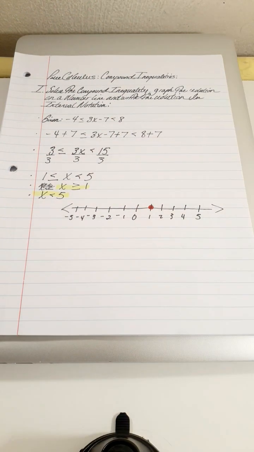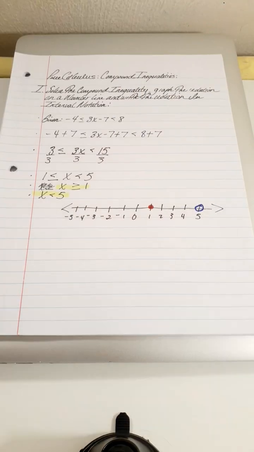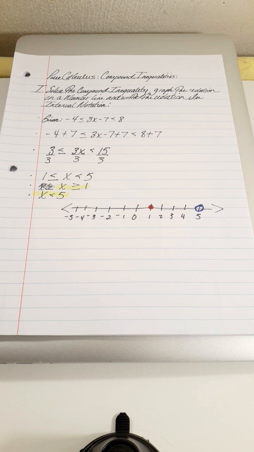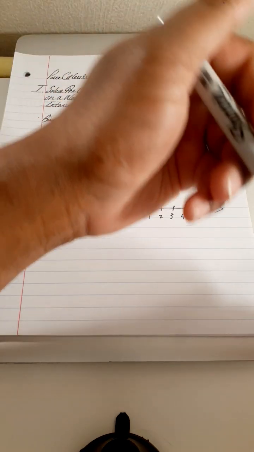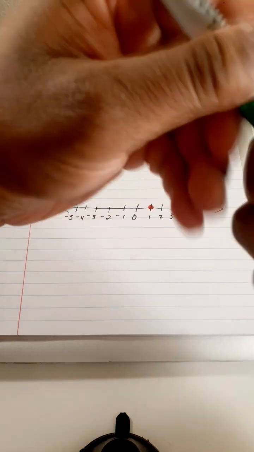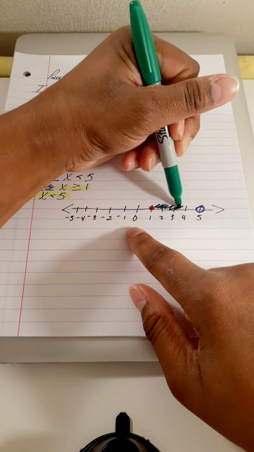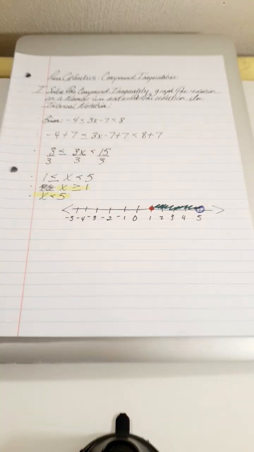And then it tells me that x is going to be less than 5, so I'll have an open circle at 5. It's going to include 1 but not 5. So I'm going to go ahead and shade, and I'll use green actually, that pops a little more, the region in between the two here. So that's how you graph it on a number line.